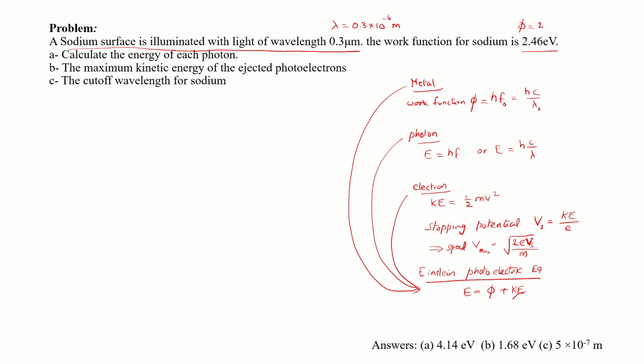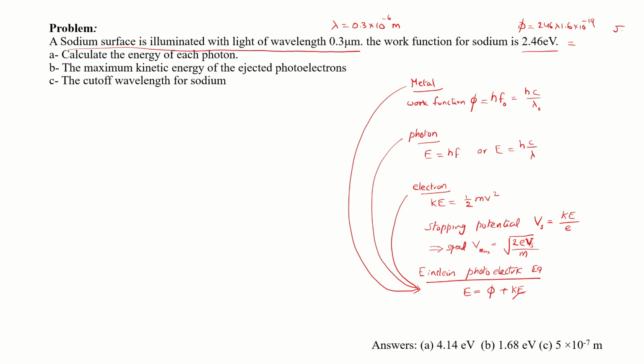So 2.46 multiplied by 1.6 into 10 to the power of minus 19. We have to use the calculator. I don't have it right now. The answer we get is in joule.